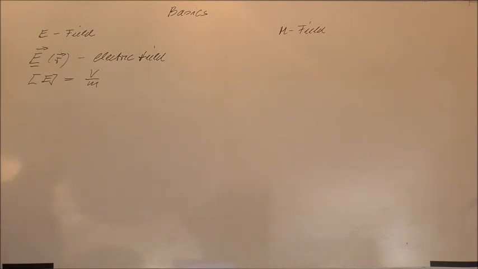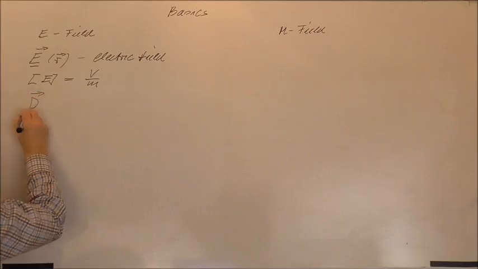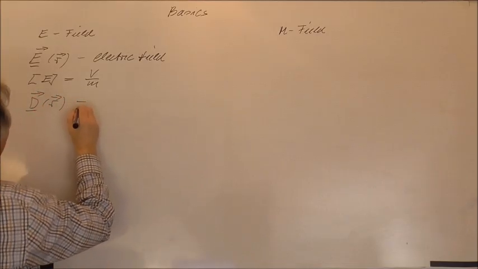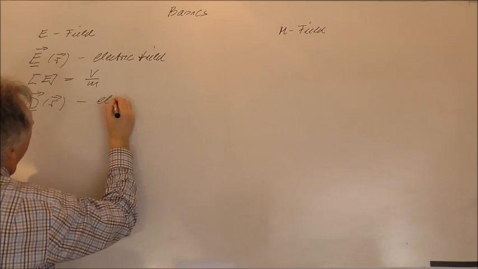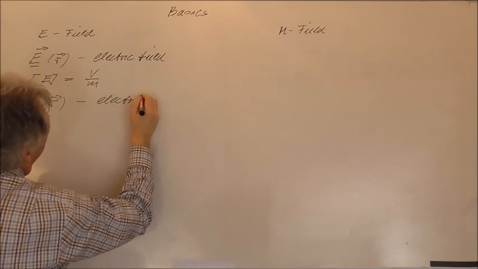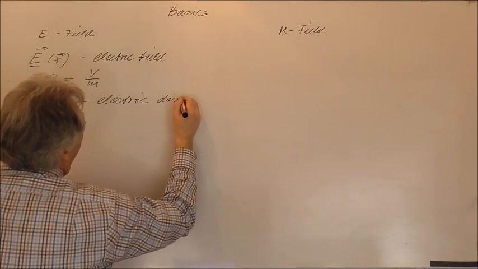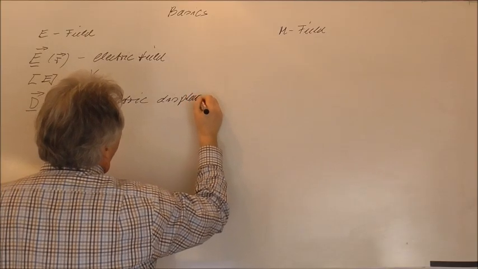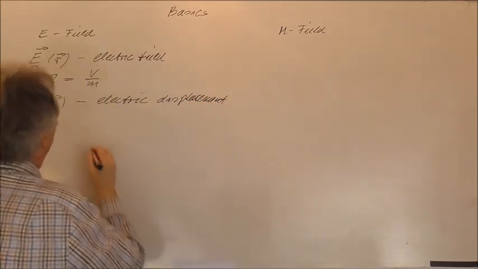Beside the electric field we must define a second field. This is normally called the D field. It's called the electric displacement density.